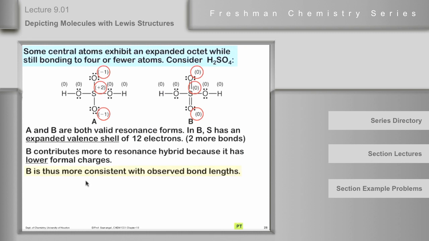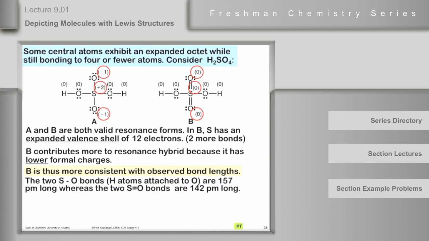Well, if you look at the observed bond lengths for sulfuric acid, there are 2 of them, and these are the ones from sulfur to oxygen that has a hydrogen attached. They're 157 picometers long. And that's pretty close to a sulfur-oxygen single bond, if you look up a single bond in the table in Chapter 9.